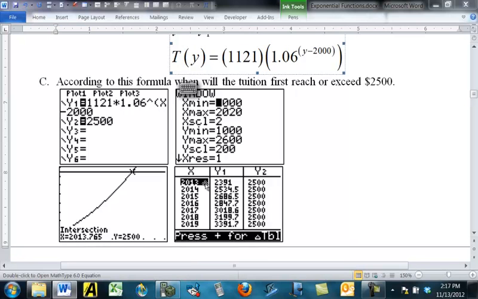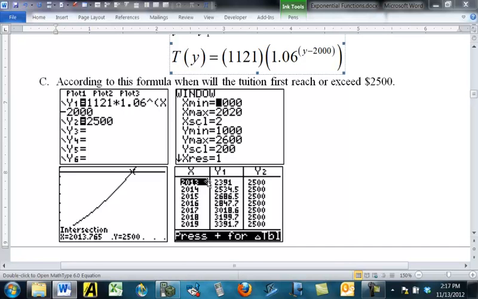If we check this with the table, I started at 2013 going up by ones, and in fact you do see that's the first time that it goes over. By the way, this one really is a geometric sequence rather than an exponential function, because the domain is just some natural numbers. This doesn't even make sense going back.